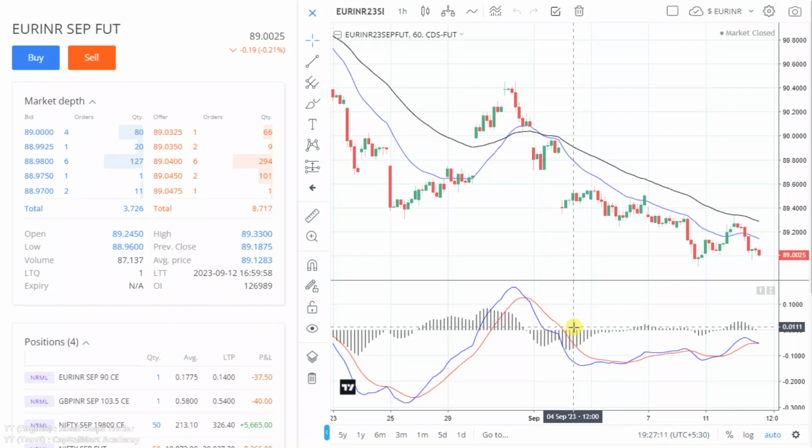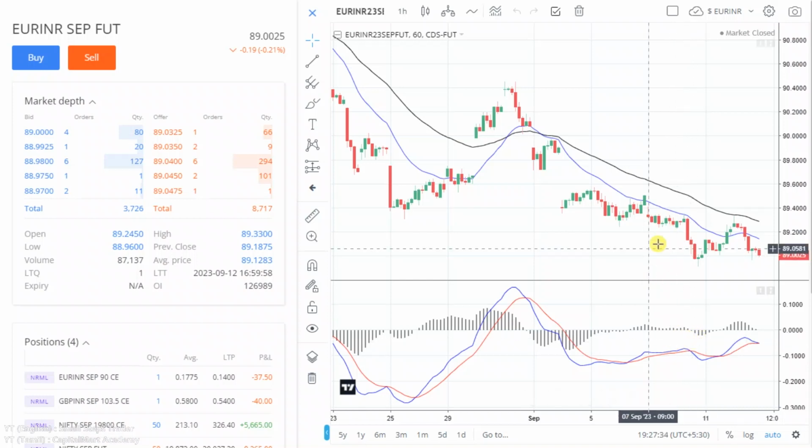That is the reason I am using only one indicator. It is not that I'm changing the indicator. From now on we will show only MACD, because that will be a very clear indication as volatility is very low.